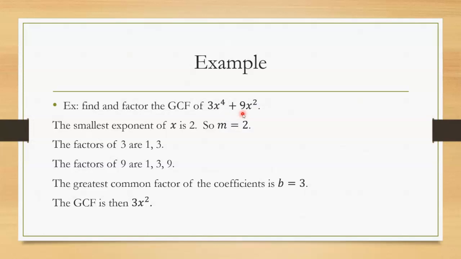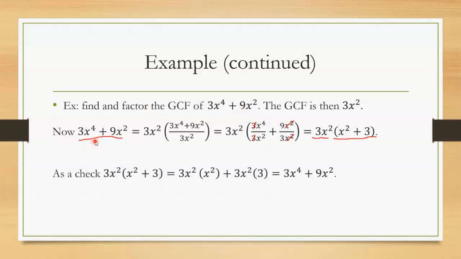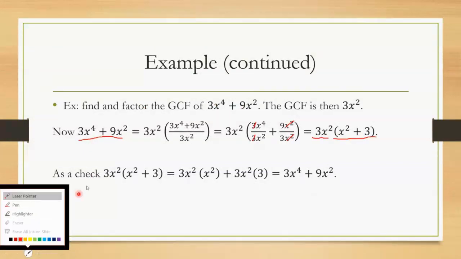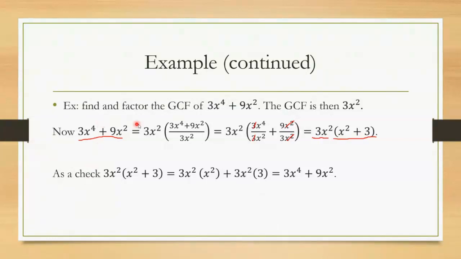Now we're going to factor it out. Okay, how do we factor it out? Again, like I said before, we're going to divide. Okay, so now that we know what it is, we're going to factor it out. So we have 3x to the 4 plus 9x squared.